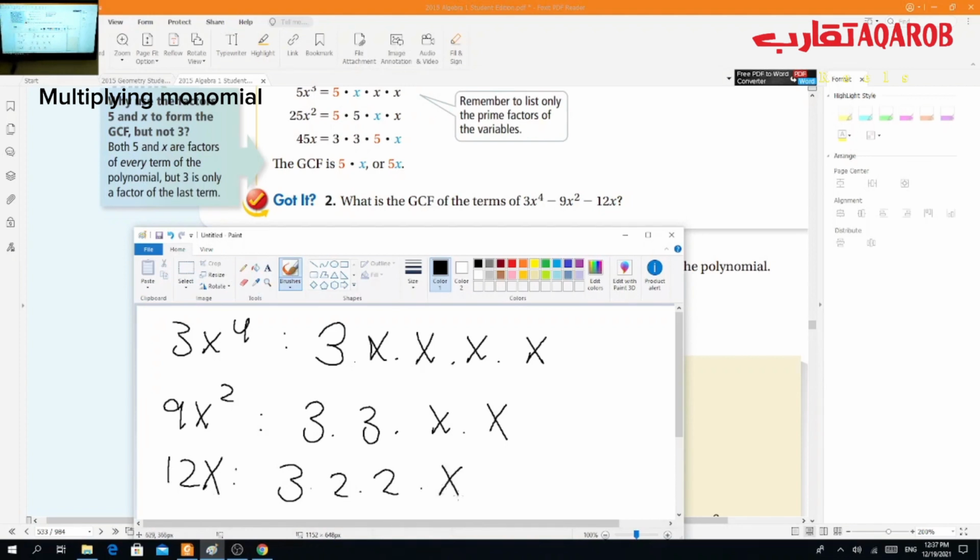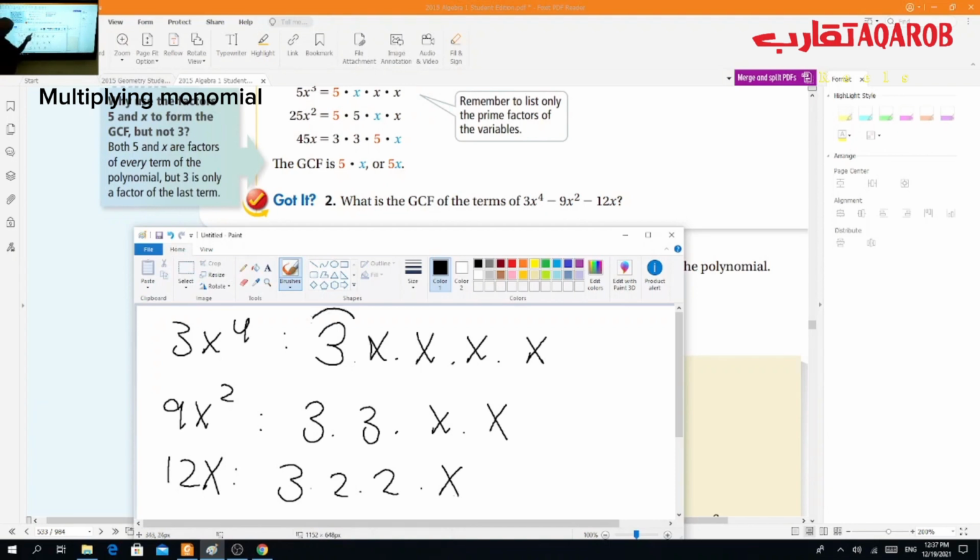Then, what should I do? As we took earlier, I'm sure you took it in grades 4, 5 and 6. How to find it? We will look for the common factors, then we will multiply all of the common factors.